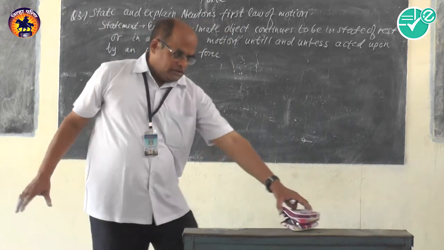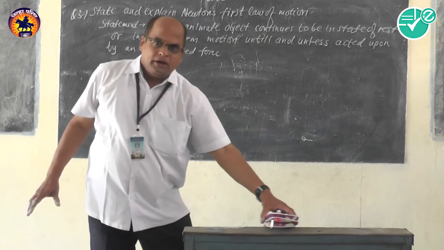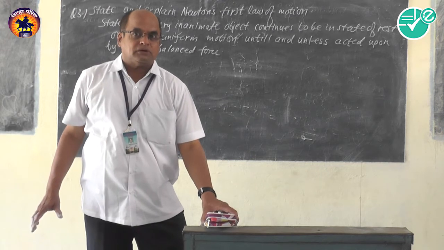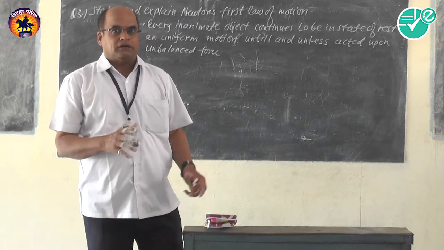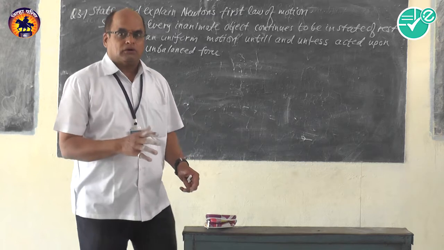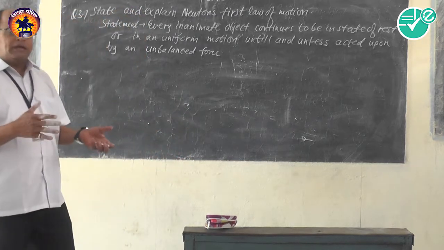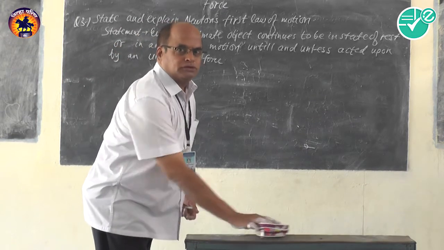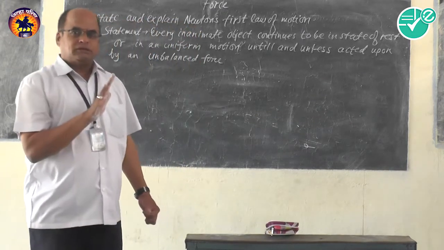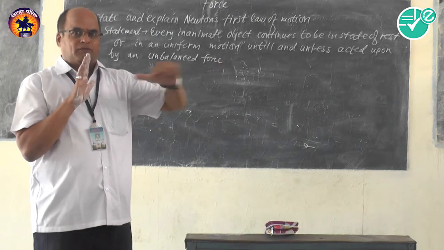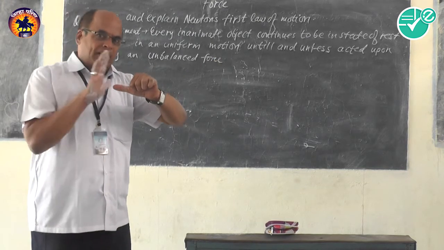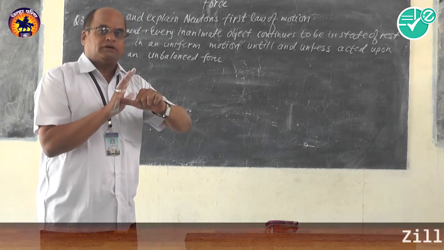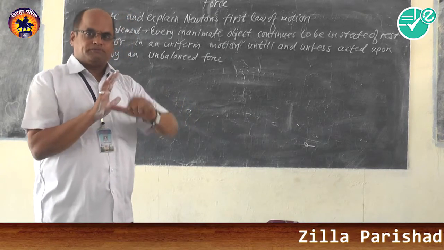If this body is moving here with constant velocity and I want to change its velocity, that means I want to take it into accelerated motion. Naturally, I have to apply force. By applying force in the opposite direction to the motion of the body, it may come to rest, or it may not come to rest.